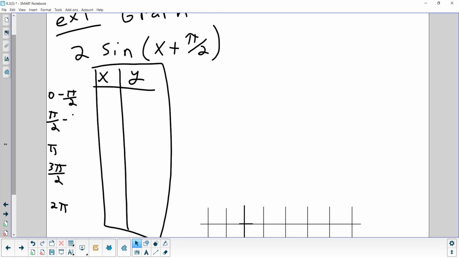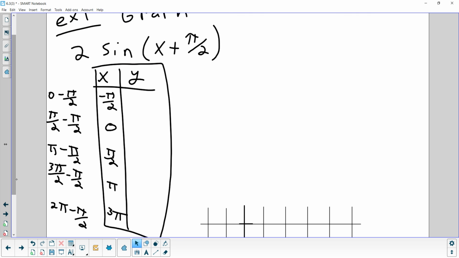Can somebody tell me what you would get if you subtract pi over 2 from all of those? You get negative pi over 2, and 0, pi over 2, and then pi, 3 pi over 2. Perfect. So we just processed the phase shift.